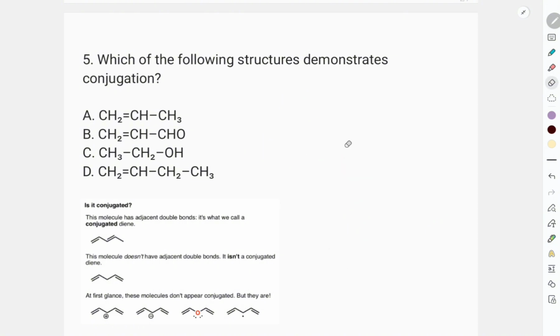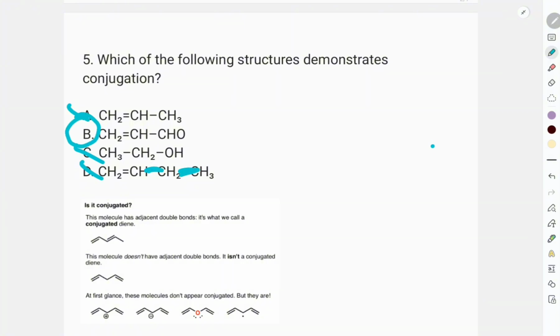Okay, so let's go through all of these molecules. I know for a fact it will not be A because you can't really see, but this methyl group is single bonded to a hydrogen, which disrupts the alternating pattern. Also for C, there's no double bonds in C, so we can cross that out. And D, there's no alternating order.